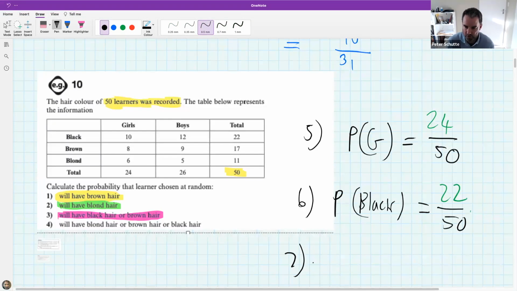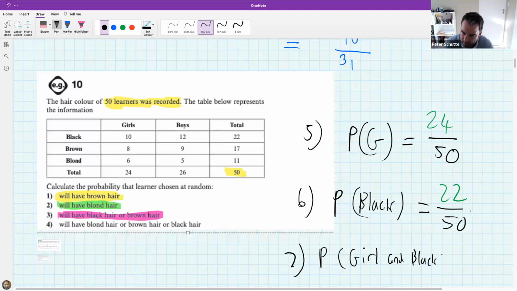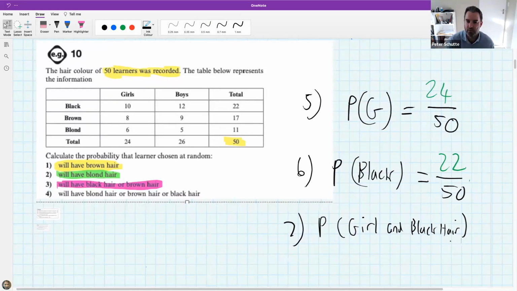So far looking awesome. What if I said to you, what is the probability of a randomly chosen person being a girl and having black hair?